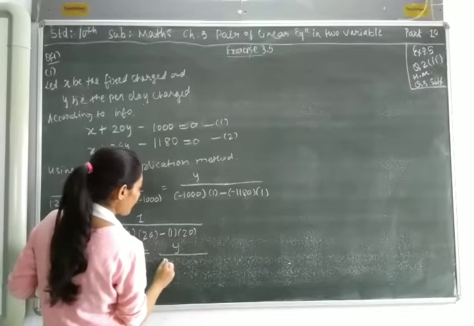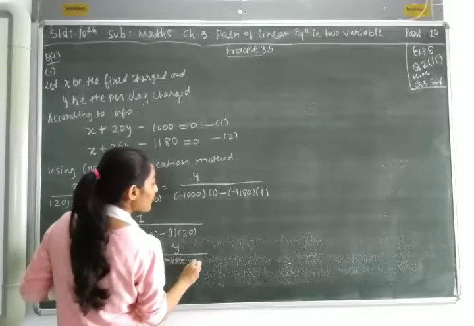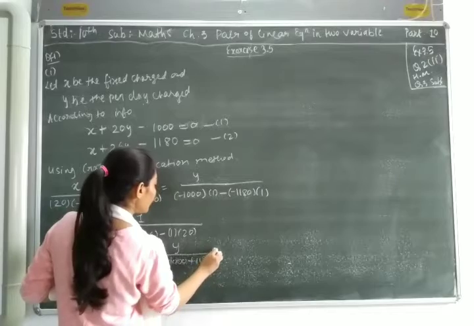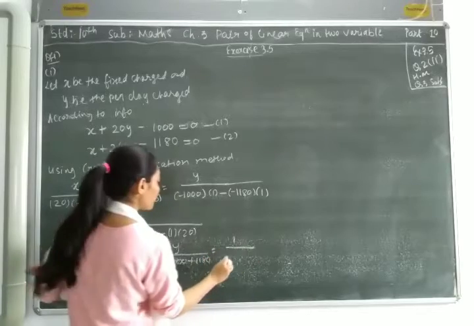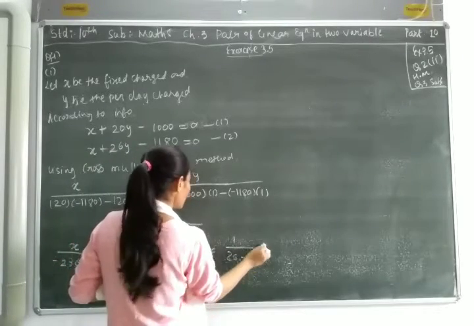Now y, minus 1000 plus 1180. Now 26 minus 20.